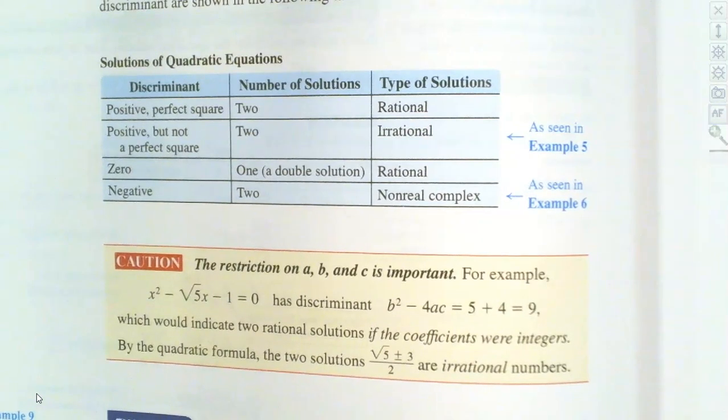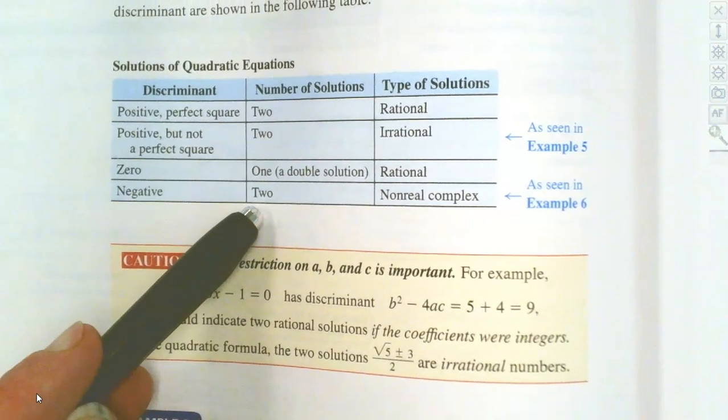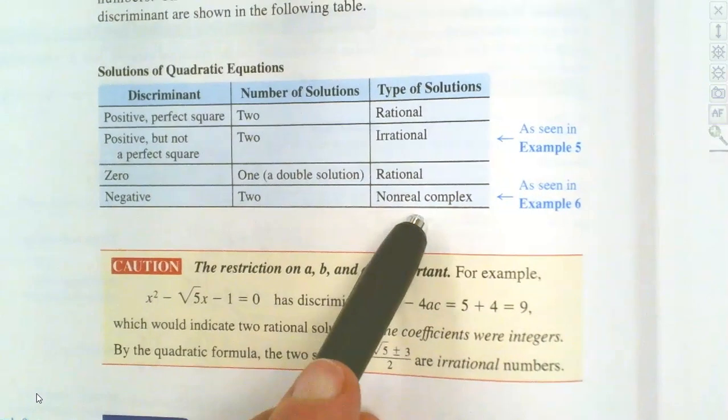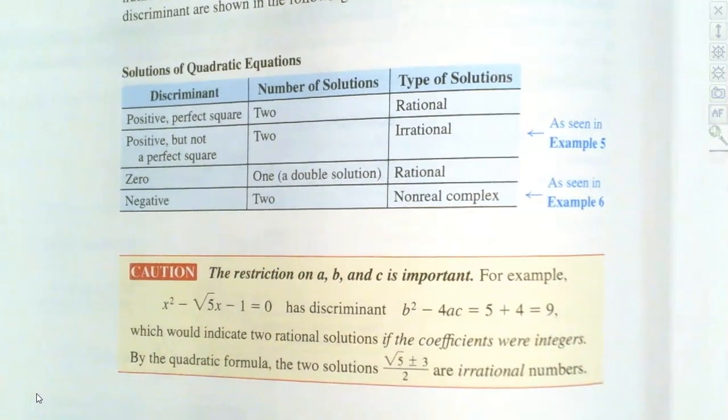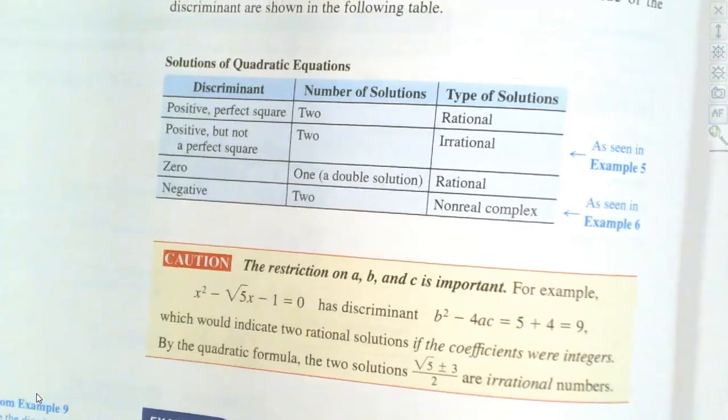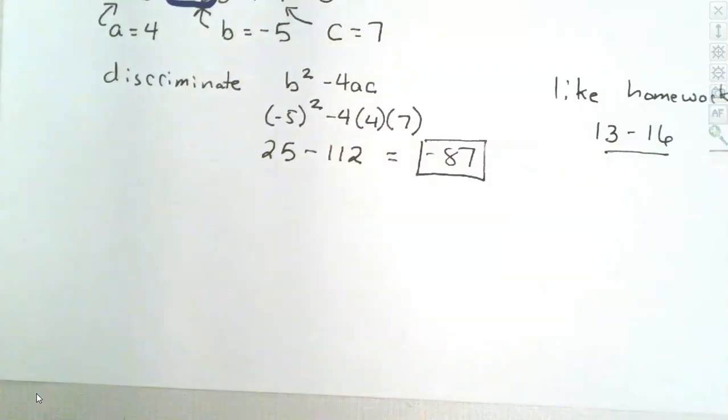So what is ours? Ours was a negative 87. So that means we have two solutions. And what type are they? Non-real complex. That's it. So because that's a negative 87, we have two non-real complex solutions.